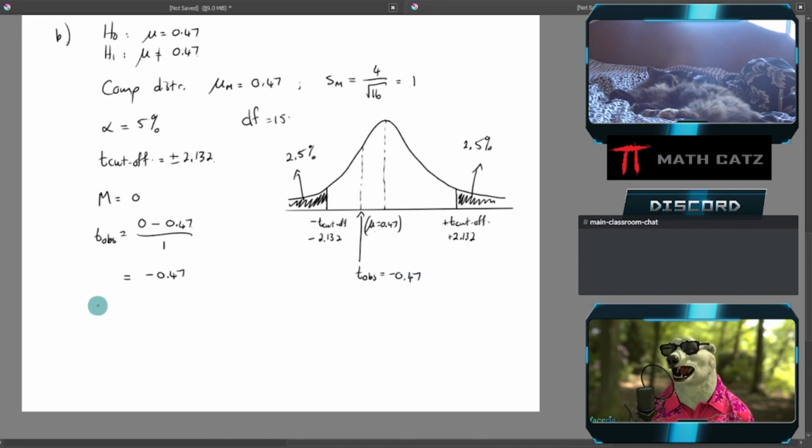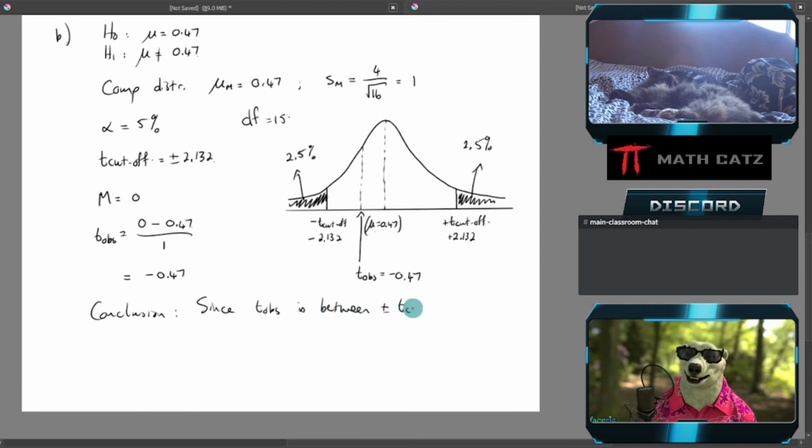So we can say here, conclusion. Since t observed is between plus minus t cutoff, we do not reject the null hypothesis, as much as I hope to. I hope that this one would be different, but you know, the evidence is what it is.